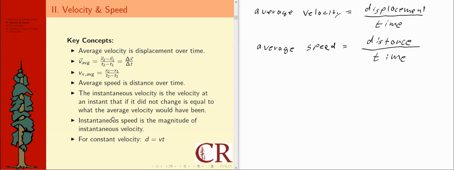I've also stated down here, instantaneous speed is the magnitude of instantaneous velocity, and I could write that as a formula and say v represents speed. In other words, a general convention is, if you see v without a vector symbol above it, oftentimes that's going to represent speed rather than velocity.